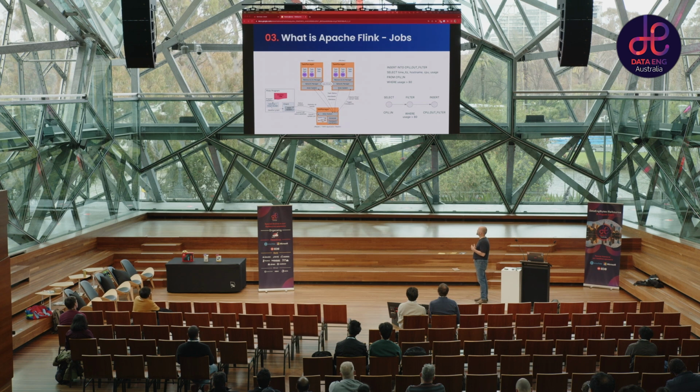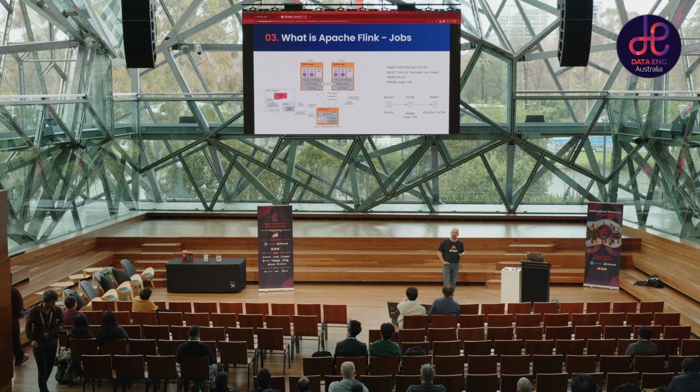It says insert into some kind of sink some data that you have selected. For us, it's a time, a host name, and CPU usage, from some kind of source. Both that sink and source in our world are going to be Kafka topics. And the last thing is we're going to filter it just whenever the usage is above 80%.